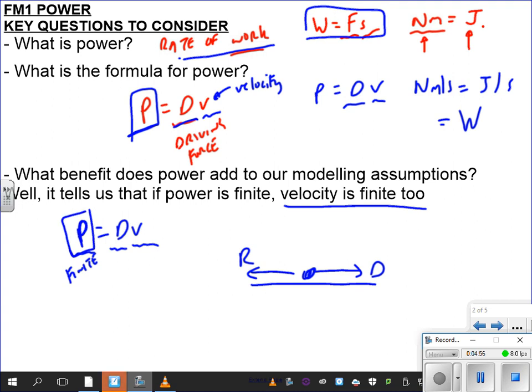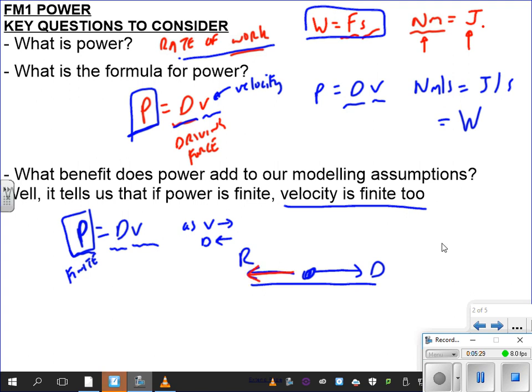P isn't changing, right? So think about that. As V is getting bigger, D must be getting smaller, you see? Or as D is getting bigger, V must be getting smaller. Now think about it, it's getting faster and faster, but can V be infinitely large? No, because if V is getting bigger and bigger and D is getting smaller, what's the minimum D can be?